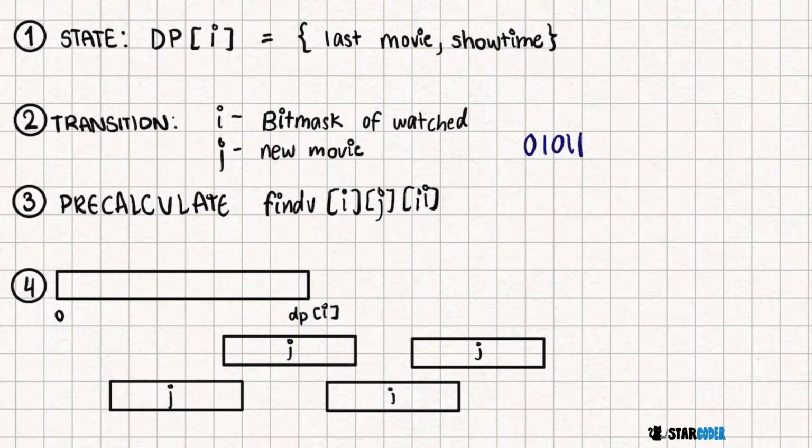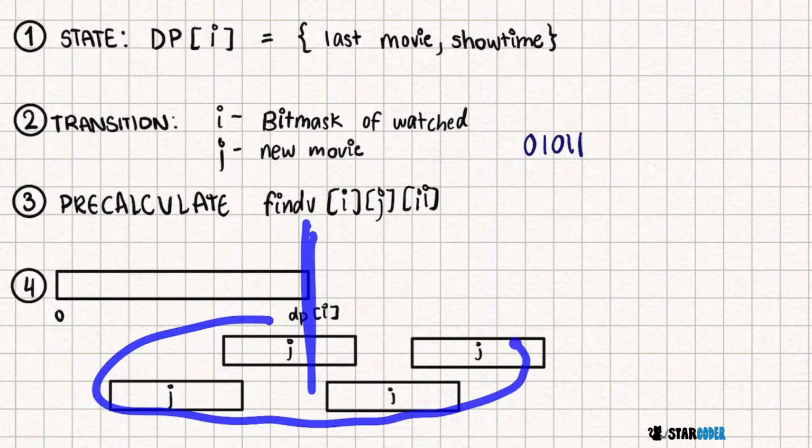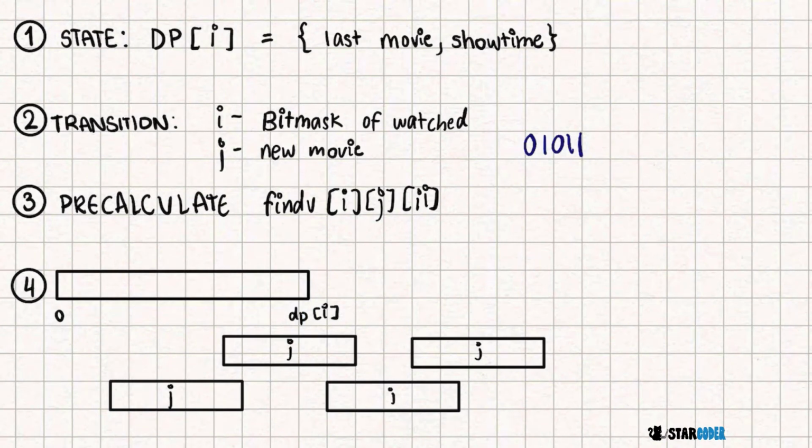The reason is that we already know what showtimes there are for all of the movies. Normally for every end here, we would have to binary search on the value of J and the showtimes in order to find whichever showing to watch. But now we can pre-calculate this.